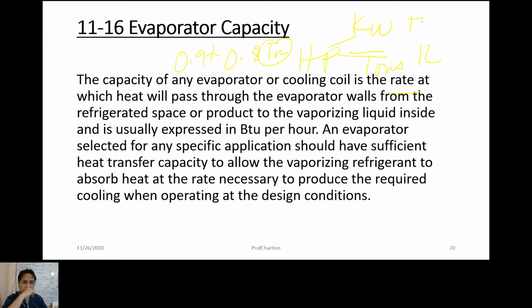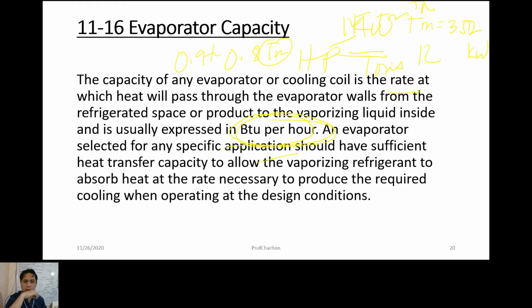So ano yan? 1 ton is 3.516 kilowatts. Ton of refrigeration, or RT, refrigeration ton. So this is what we are going to solve, and in the imperial or English units, it is expressed in BTU per hour.